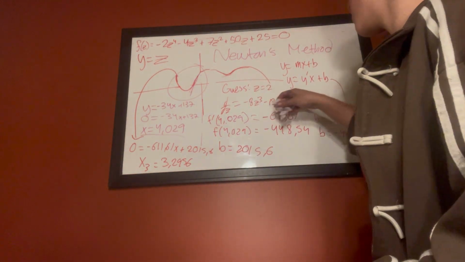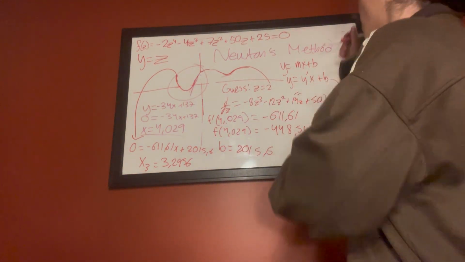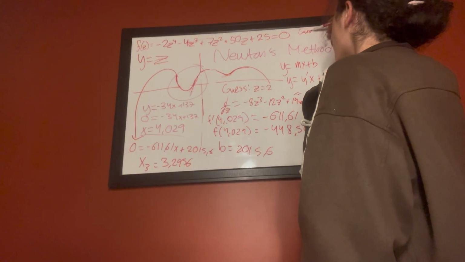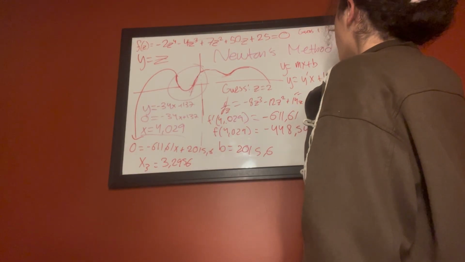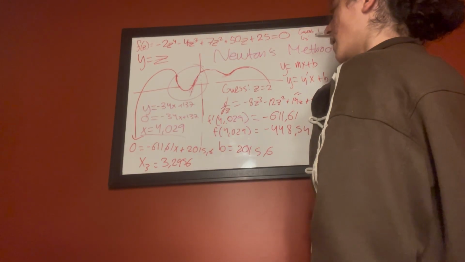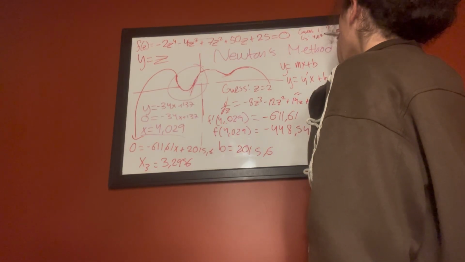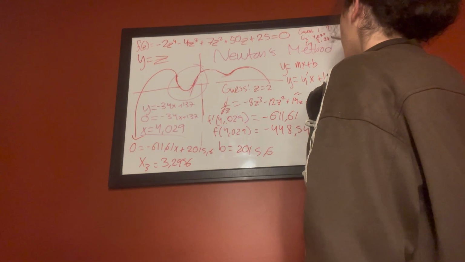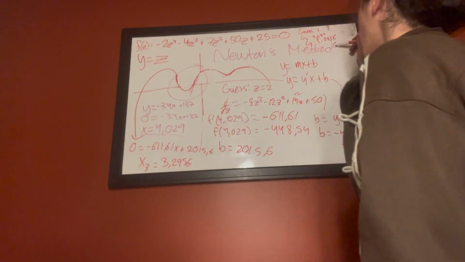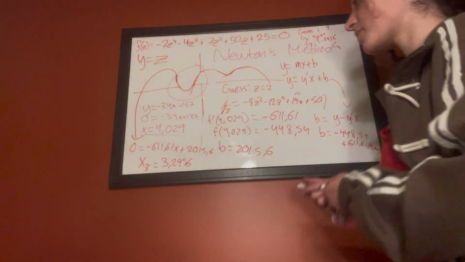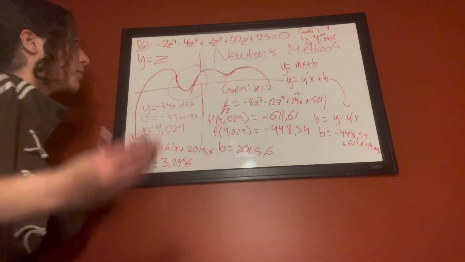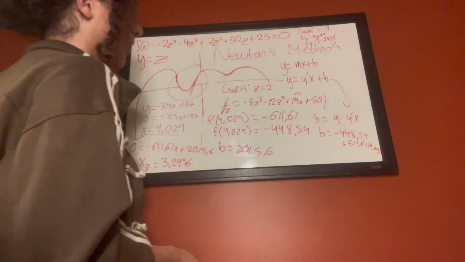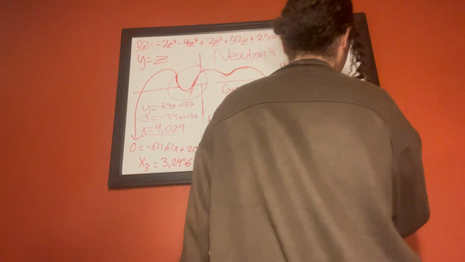So guess one, we had 2, guess 2, we had 4.029, guess 3, we had 3.2956. We're going for guess 4. How many iterations should we do? I do not even know. Okay.